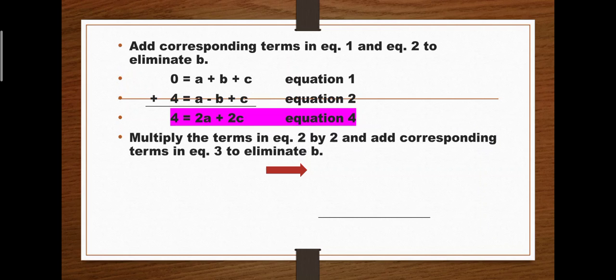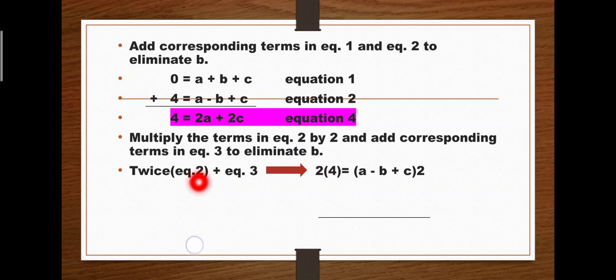Next is, multiply the terms in equation 2 by 2 and add corresponding terms in equation 3 to eliminate b. So, ang gagawin natin, yung equation 2 natin, itong equation 2, mumultiplyan natin siya ng 2. Then, after natin mamultiplyan ng 2, ang result, i-add natin sa equation 3 para ma-eliminate din yung b.